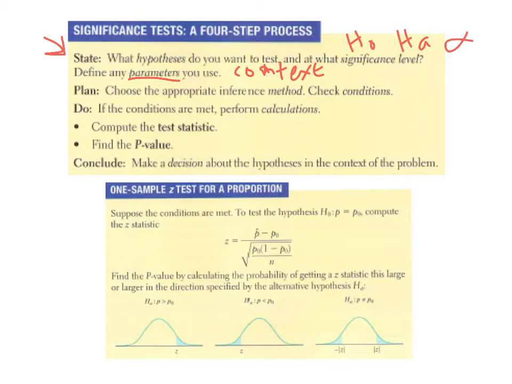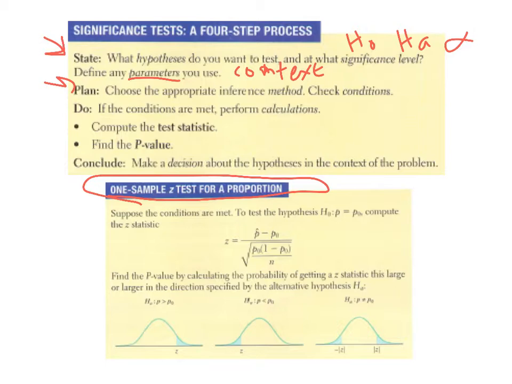So this time we would be talking about using a z-test, a one sample z-test for a proportion. I need to state that; some of you on your last test did not state that you were using the z interval, or that you were calculating the t interval.